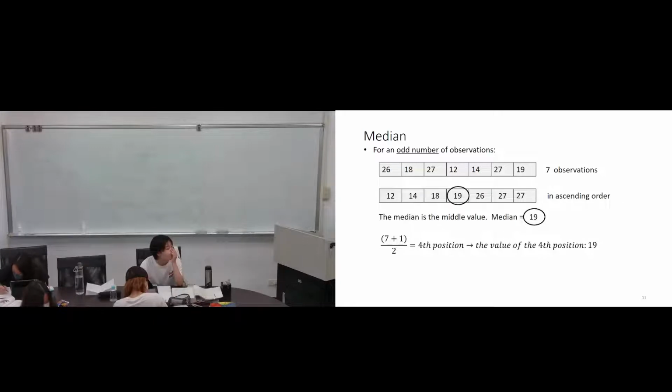After we arrange the data from the smallest to the largest, we count first, second, third, fourth. That's how we find 19. So the value of the 4th position is 19. Questions?